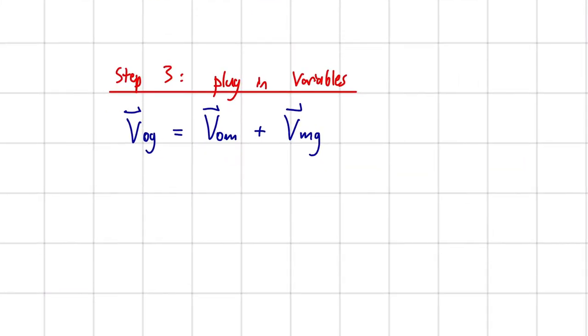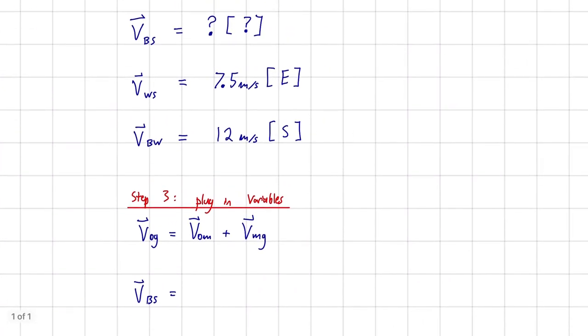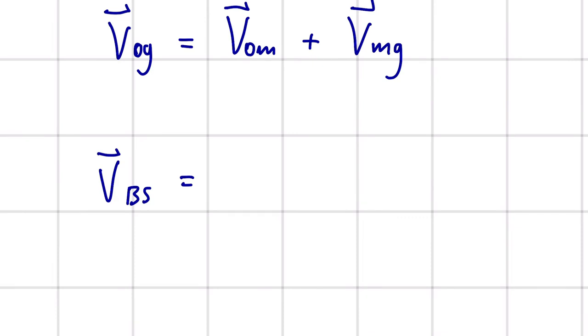So we're going to write the velocity of the boat relative to the shore is equal to the velocity of the boat relative to something plus the velocity of something relative to the shore. Remember the boat and the shore, and then the other one is going to have to be the same.